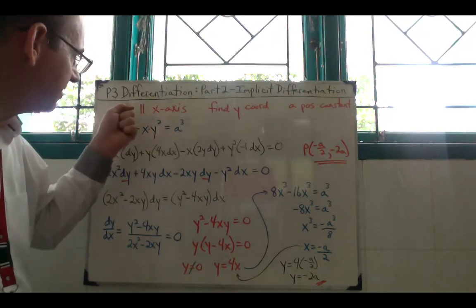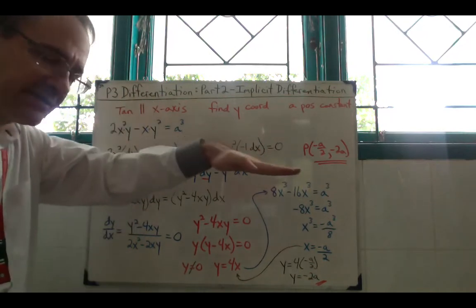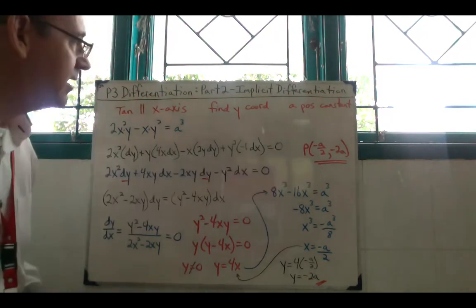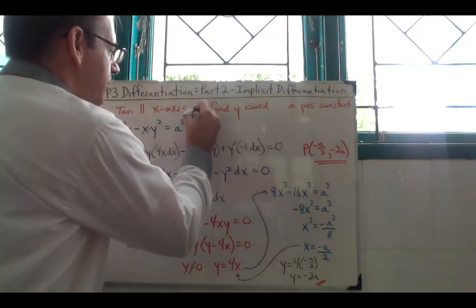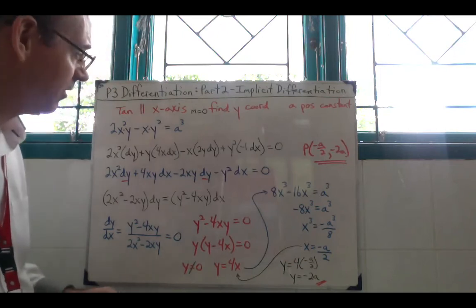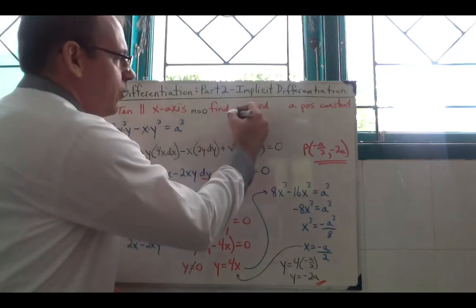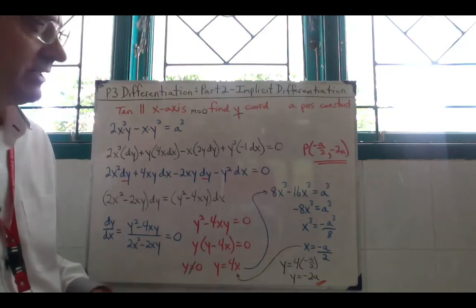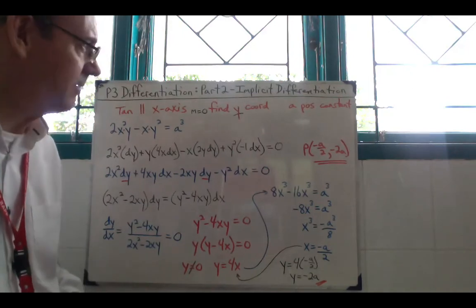So if the tangent is parallel to the x-axis, like this, the slope is 0. So we have 0 slope that we're working with. Find the y-coordinate, so we need to make sure that we find the y-coordinate.